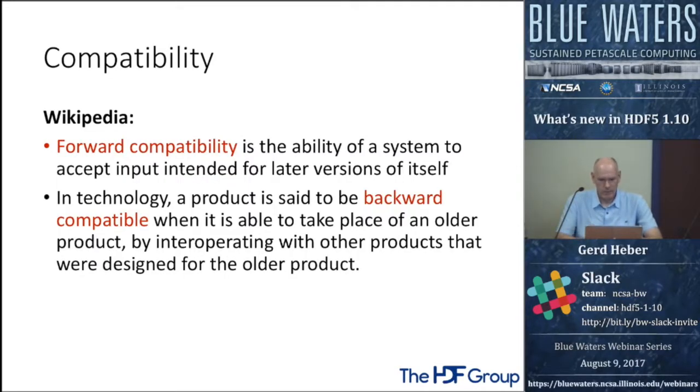If you look up on Wikipedia, there are basically two kinds of compatibility that are relevant in this space as far as HDF5 is concerned. There is something called forward compatibility, and that is basically the ability of a system or software to accept input intended for later versions.